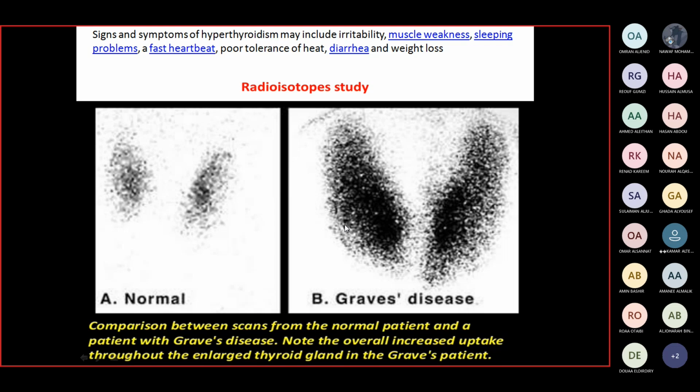What is this imaging technique? Nuclear medicine. Yes, this is nuclear medicine or radioisotope scintigraphy of the thyroid. Compare this with the previous one. What is the difference between the two?